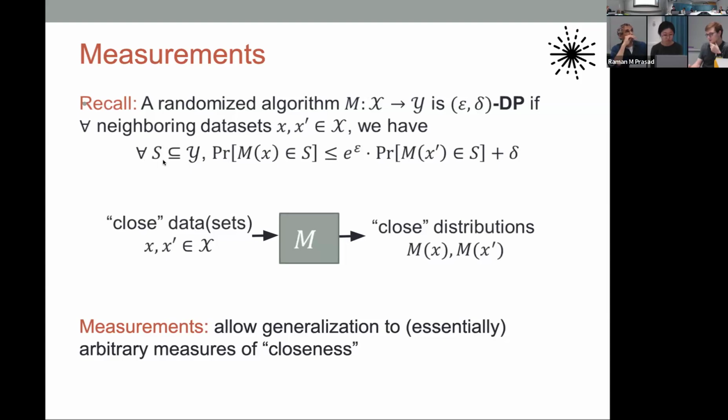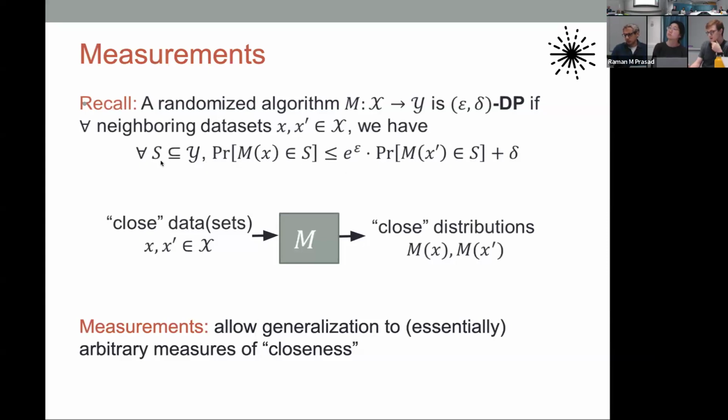So first off is measurements, and now we're getting into the math finally. Say a randomized algorithm that maps from some dataset domain X into some other set Y satisfies epsilon delta DP if for all neighboring datasets X and X prime in our data domain, we have this inequality.